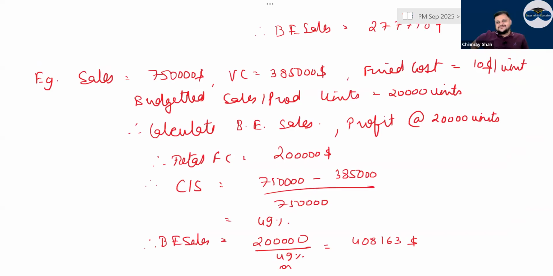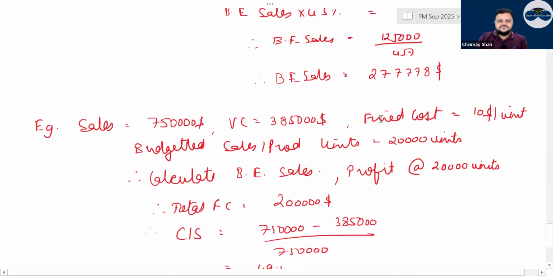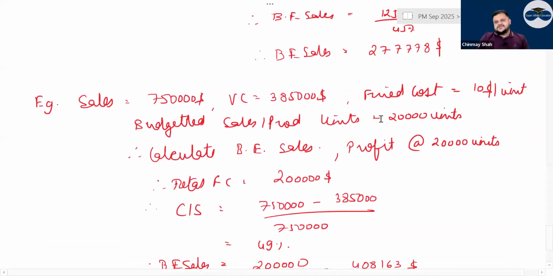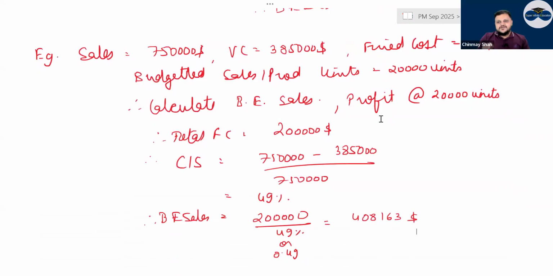Tell me. 750 is the sales at 20,000 units. Variable cost is 385,000. Fixed cost is 200. वही तो 165,000. हाँ. Budgeted sales or production units given to you. Directly profit निकालो. Variable cost आ गया, fixed cost आ गया. Right? Sales आ गया. How much is profit? Tell me.